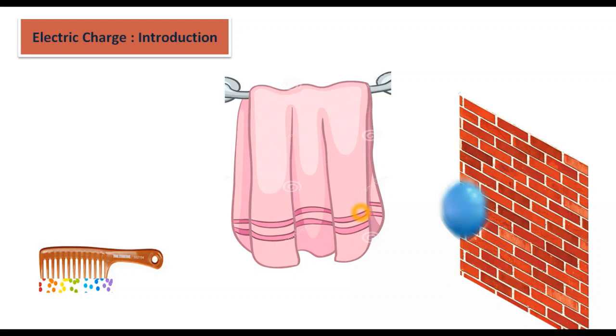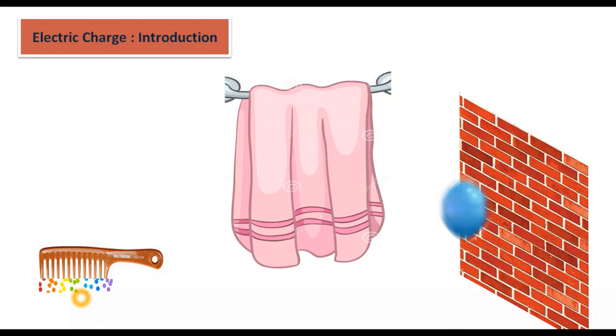Why I'm saying dry, I will explain later. Then bring the same comb close to small bits of paper. You do not touch the paper, but when you bring the comb quite near, the paper starts to stick to the plastic comb. They get attracted to it.